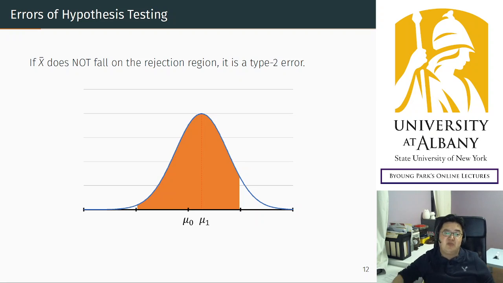Then it will be a type 2 error, right? So this is a brief graphical introduction to what we are going to do. We are going to calculate the probability of type 1 errors and type 2 errors.